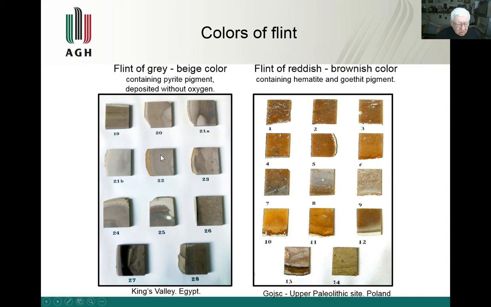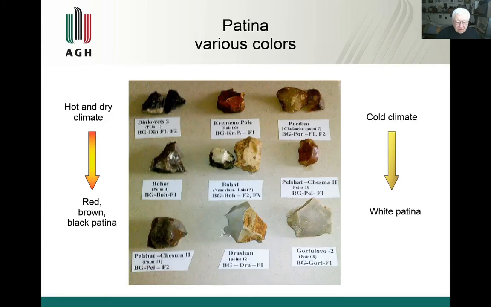There are iron sulfides, mostly pyrite, marcasite, and because of the presence of not oxidated, reduced iron minerals, the color is gray, and in these flints the color is brown, yellow or reddish because of admixture in the structure of flint of oxidated iron minerals.